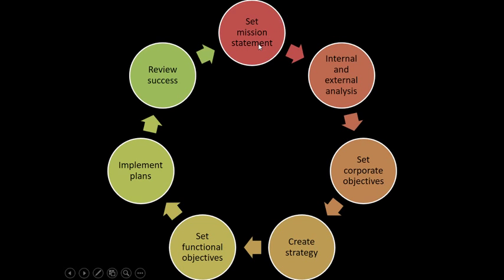Okay, so the SWOT analysis, if you remember, is part of this cycle of setting a mission statement, setting our corporate objectives, creating a strategy, and then implementing plans and reviewing success. A really important part of this process is understanding where the business is now, what its strengths and weaknesses are.